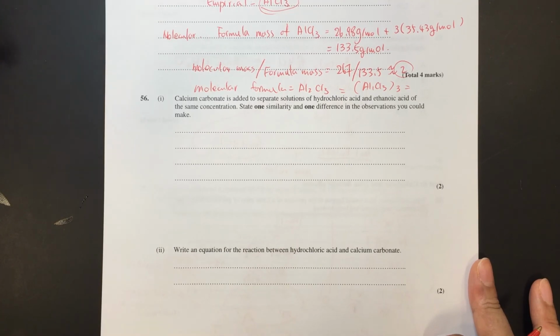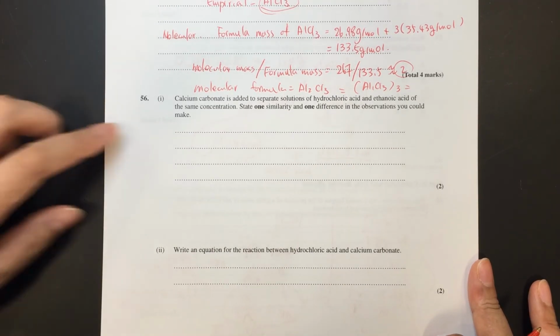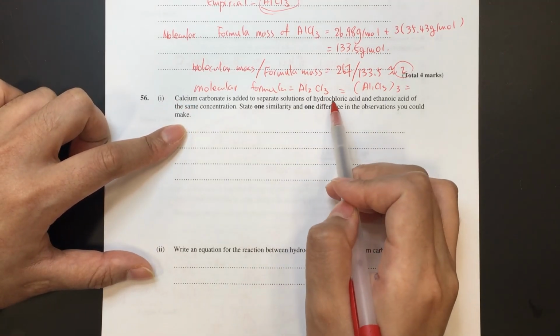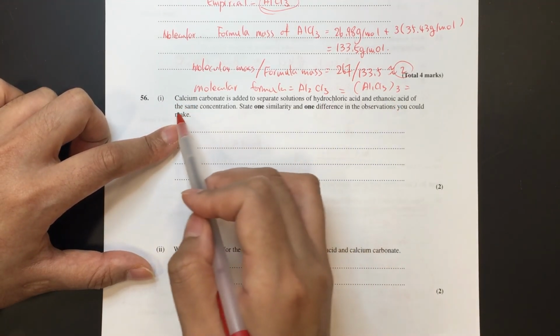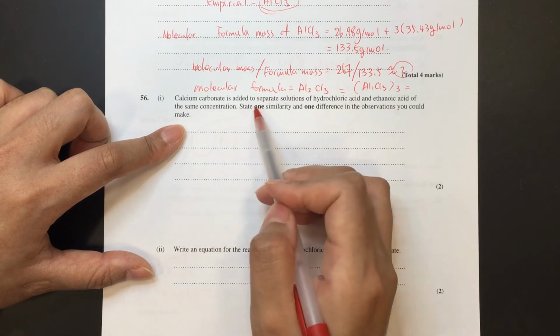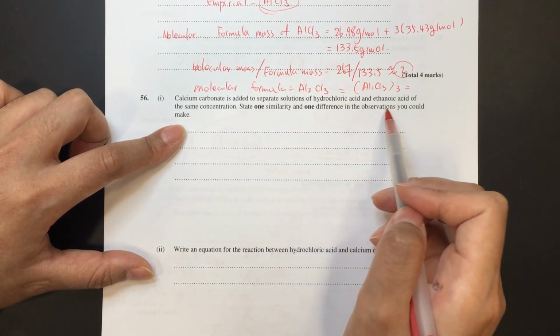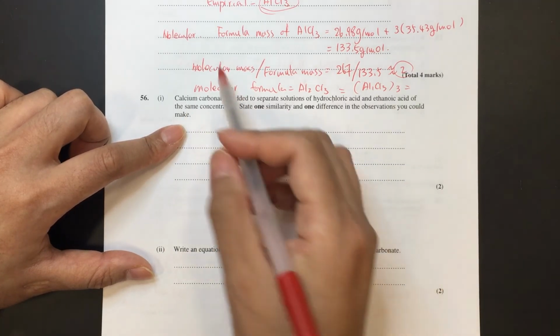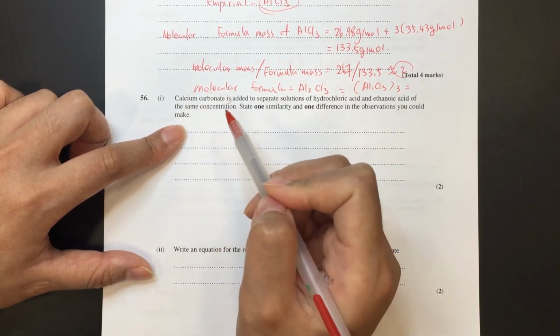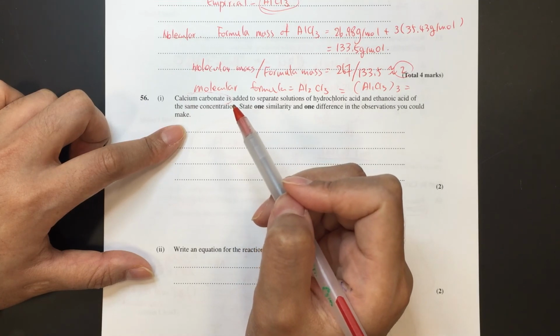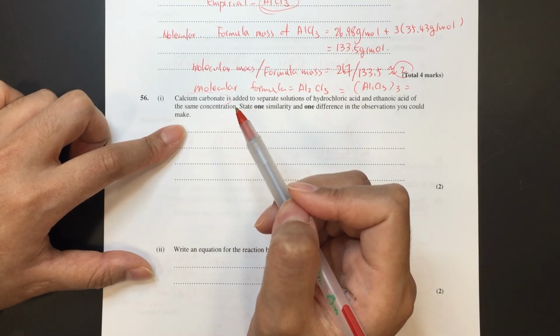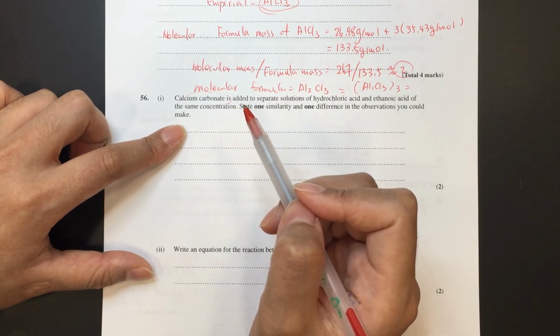Question 56i. So we have calcium carbonate which is added to separate solutions of hydrochloric acid and ethanoic acid of the same concentration. We need to state one similarity and one difference in the observations you could make. Okay, we did an experiment on eggshell with the acid during topic 1, right?